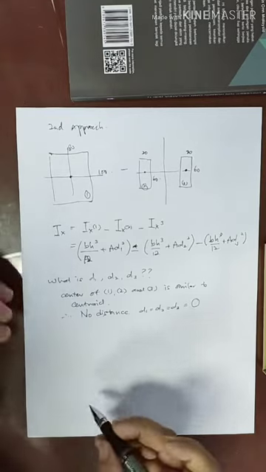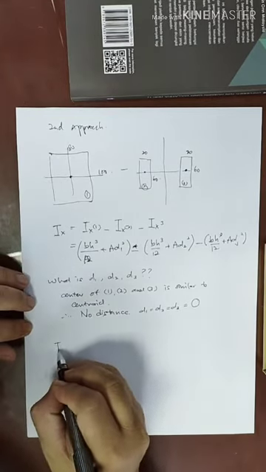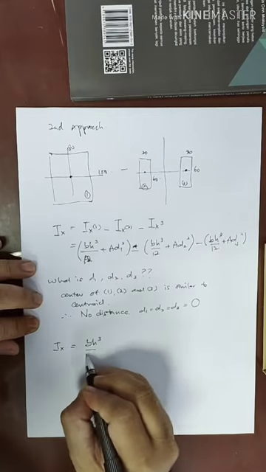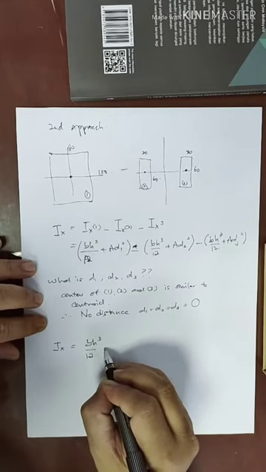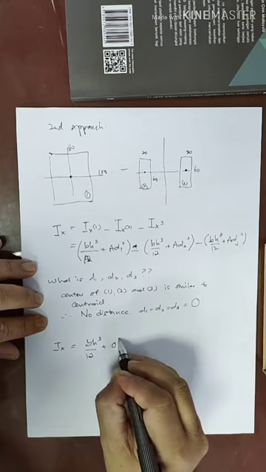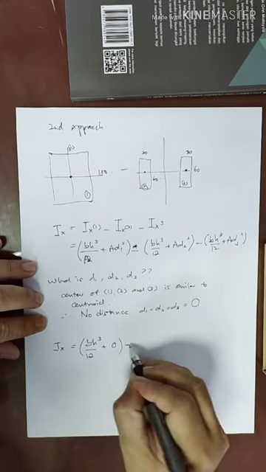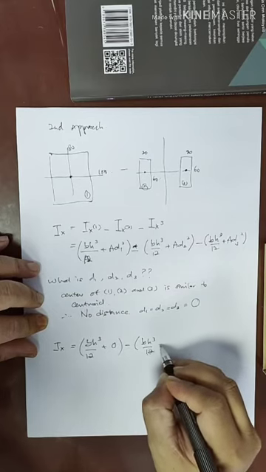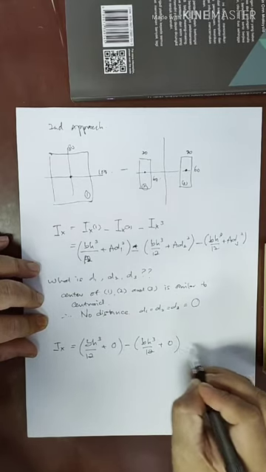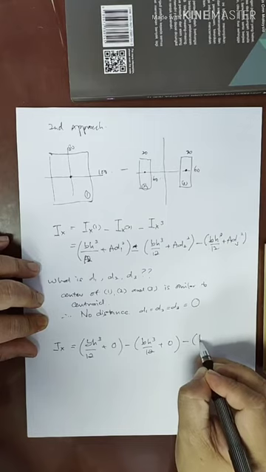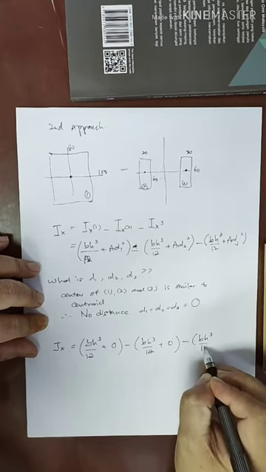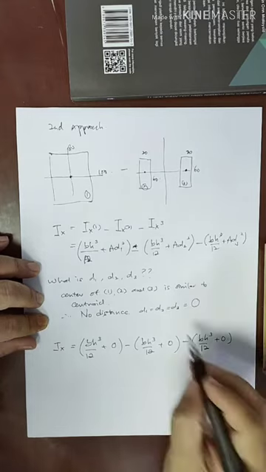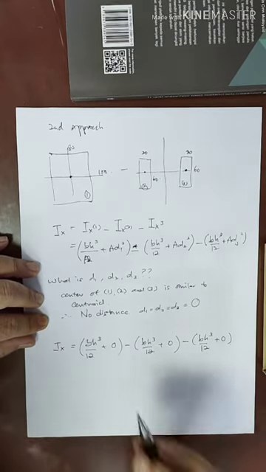So you just solve the equation using BH cubed over 12 plus 0, minus BH cubed over 12 plus 0, minus BH cubed over 12 plus 0, due to no distance.